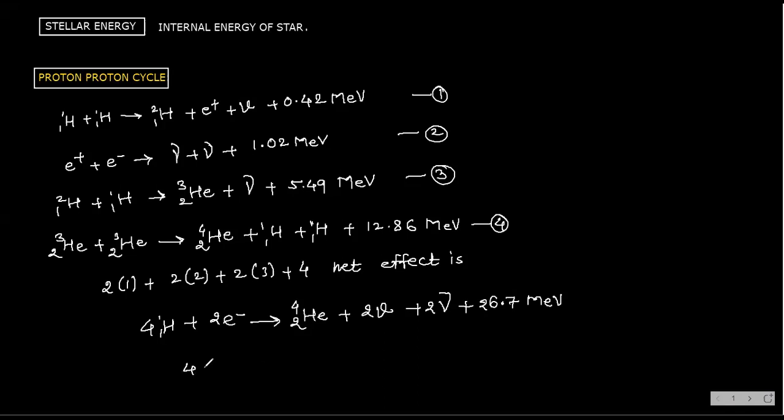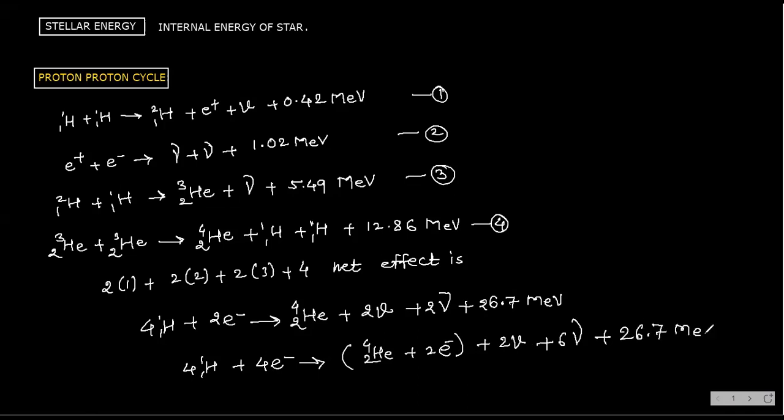That is, 4 proton plus 4 electron gives helium plus 2 electron plus 2 neutrino plus 6 gamma plus 26.7 mega electron volt energy.